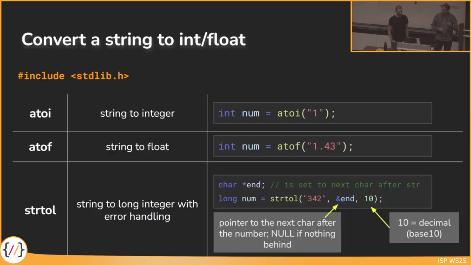So for example, if you pass the string "hello" or any other word to atoi, you will get 0 as a return value. And how can we distinguish if it's just an error or if we want to pass the string "0" and convert it into the integer value 0?